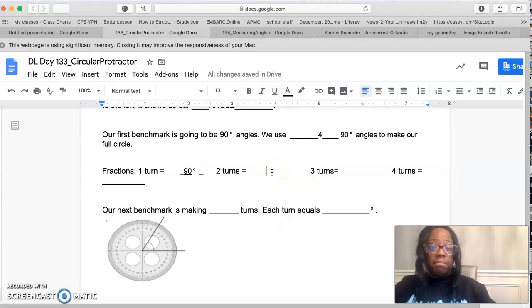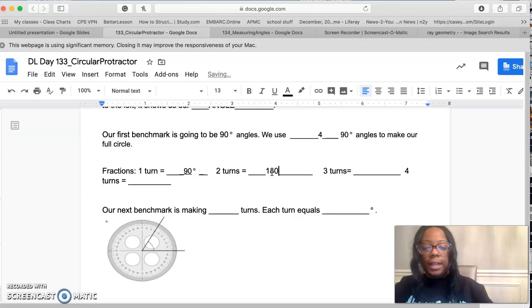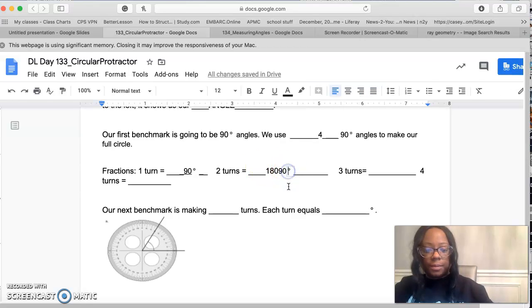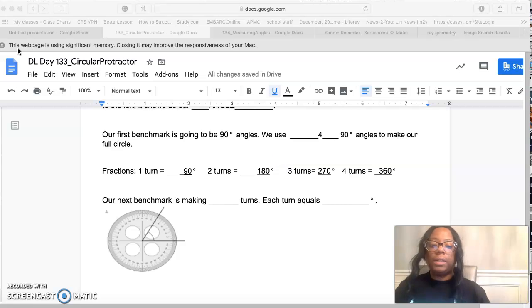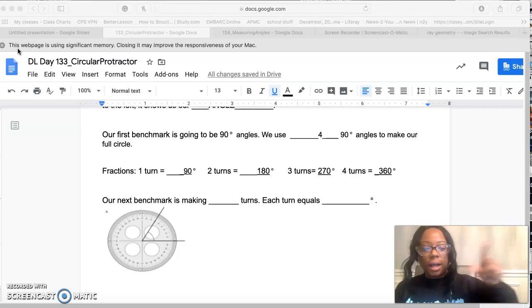You're right. It would be 180 degrees. Our third turn would be 270 degrees. Our last and final turn would be 360 degrees, creating a circle.